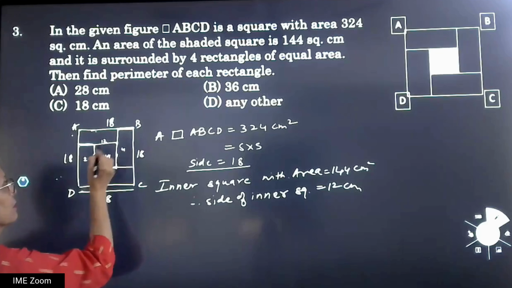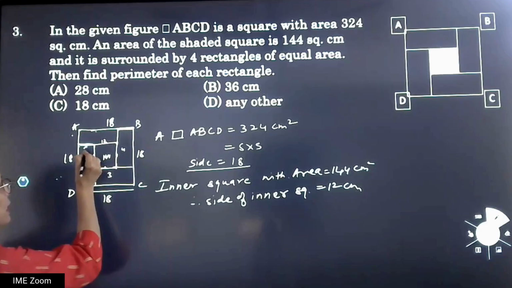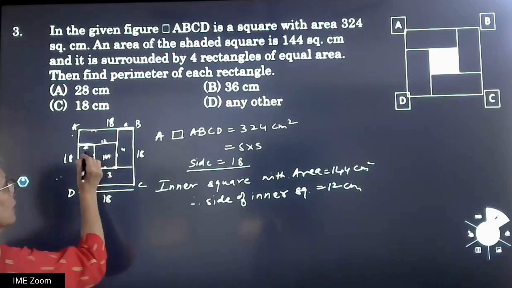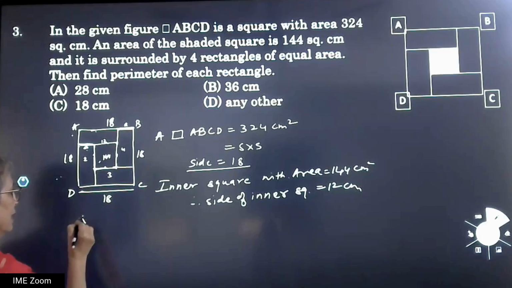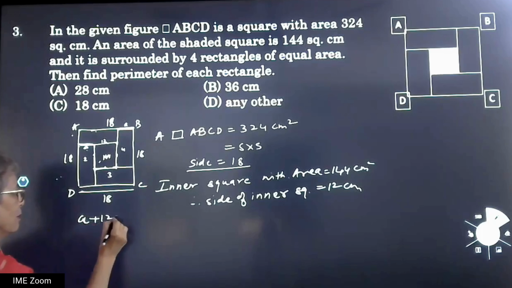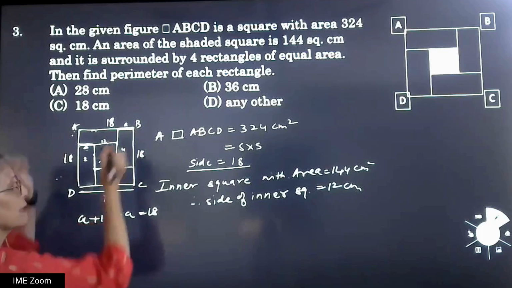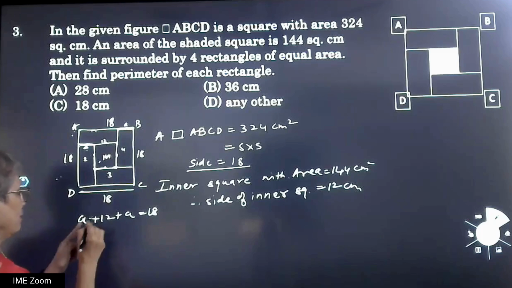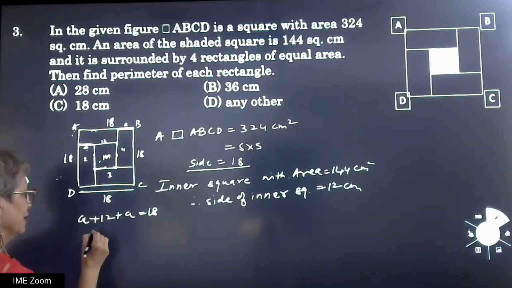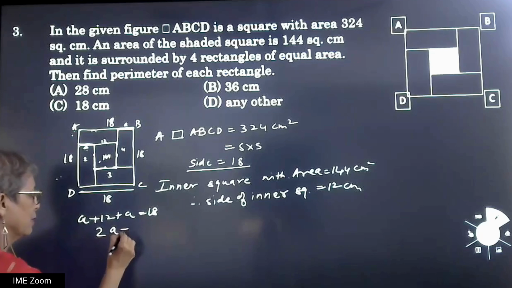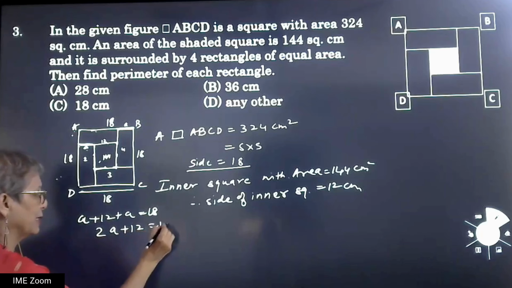This and this are same. If you consider them A, then A plus 12 plus A equals 18. This full length is 18. A plus 12 plus A is 18, that is 2A plus 12 equals 18.